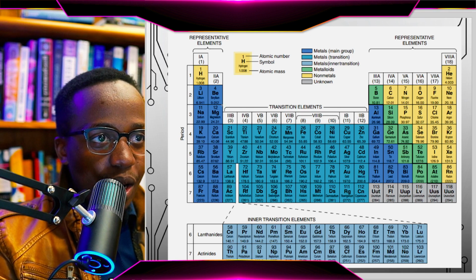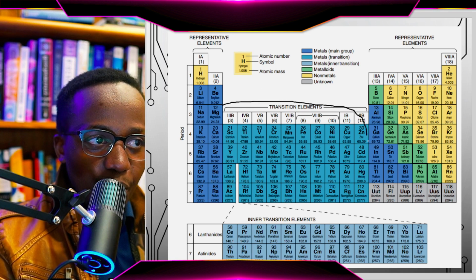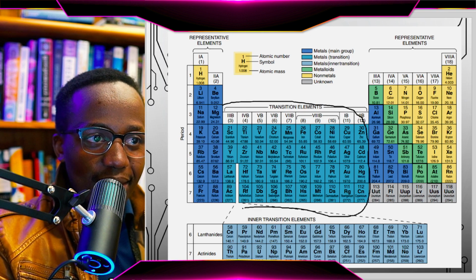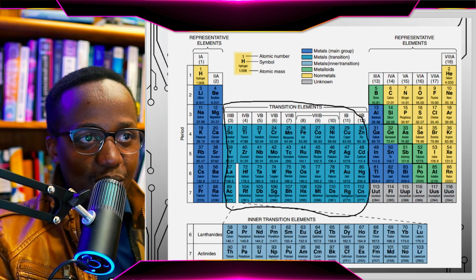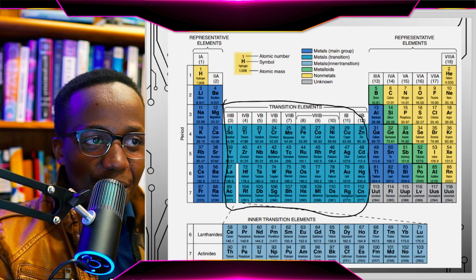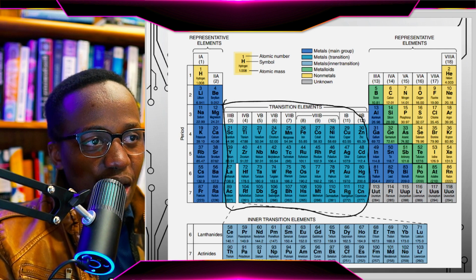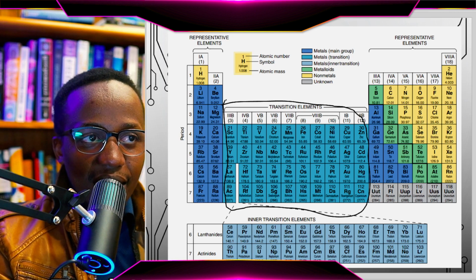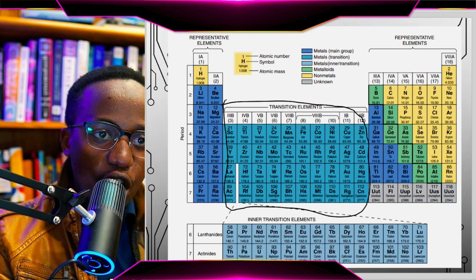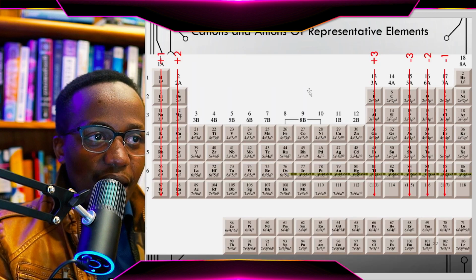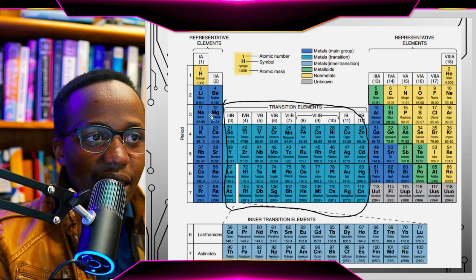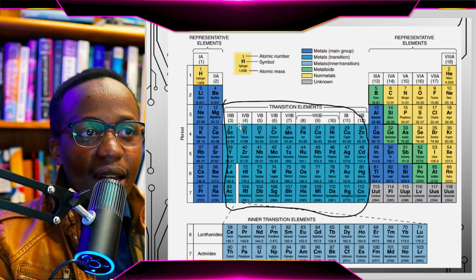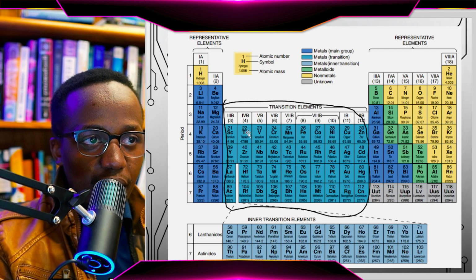These metals are pretty weird. The ones in the valley of the periodic table here. There's a reason why we skip them. They are really weird in that they don't have a set of charges. Remember that I gave you the charges for all of the others, but I skipped this because these ones can have different charges.